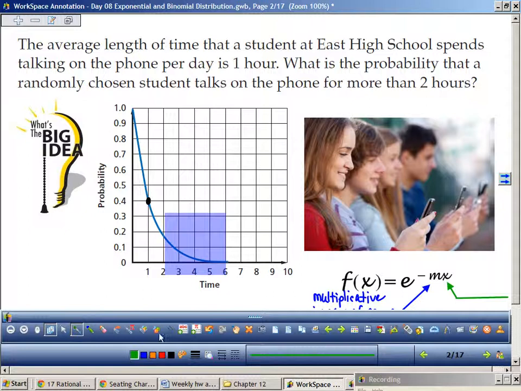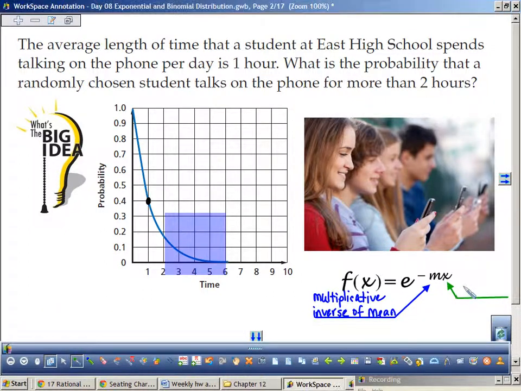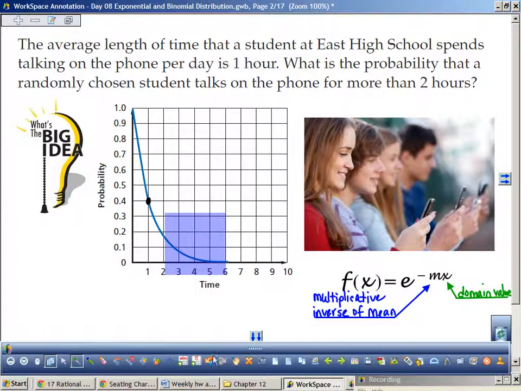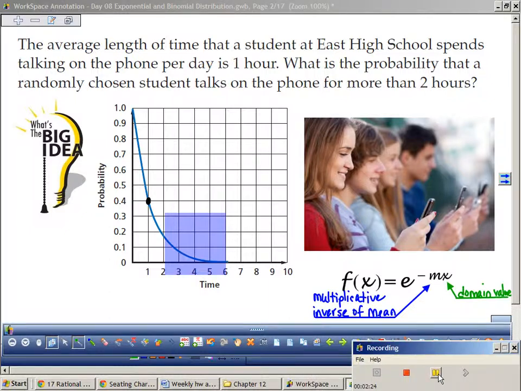And x is your domain value, usually time. I'll let you write that down.